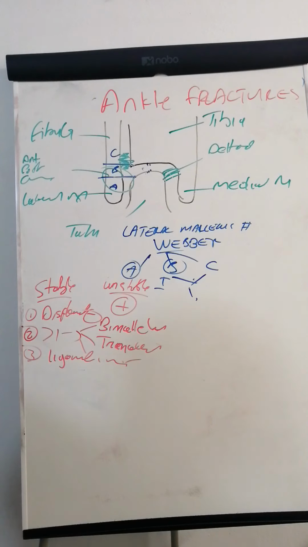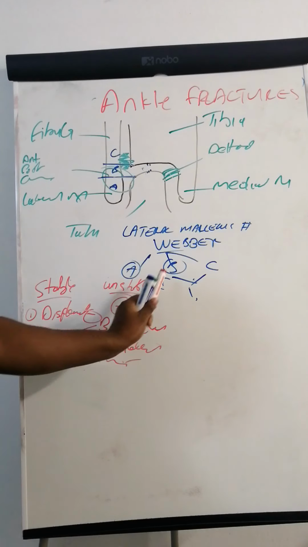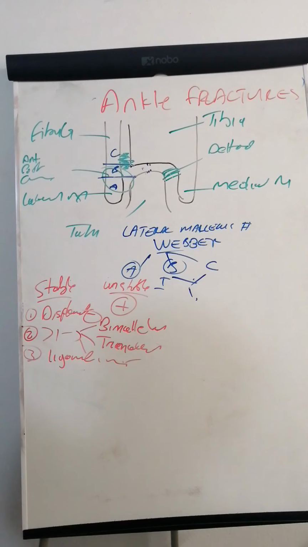I've referred a Weber B and a Weber C that is undisplaced, because a B and a C, by definition, have syndesmosis involved, so I refer that patient. I've referred a couple of patients like that. So remember these three. If your patient doesn't have any of these, and it's not a B, it's not a C, you can safely keep that patient and manage by yourself.